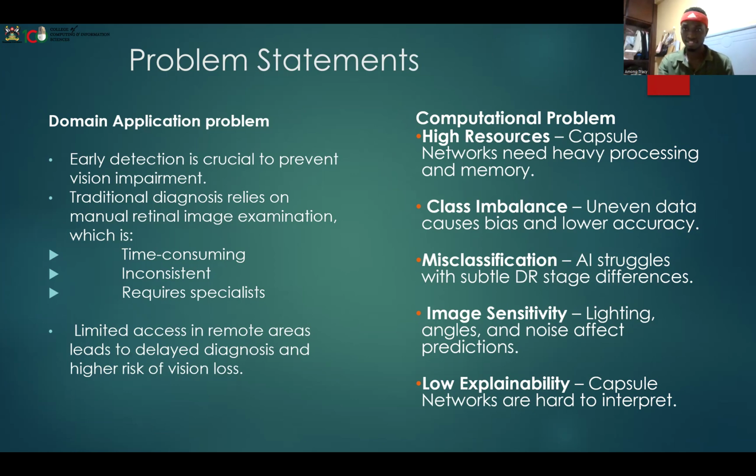Then misclassification. Sometimes the model struggles to classify two closely related stages of DR. So it's also one of the problems. Then image sensitivity. Some images have noise, which greatly affects the prediction of the model.